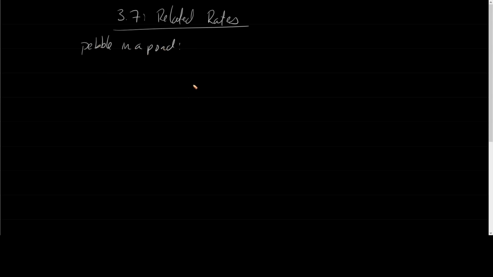What happens? When you first throw it in, it falls right into the center. Then after a little bit, you end up with a ripple, after some time. Then after some other time, you end up with a second ripple. And then another ripple, and so on and so forth.